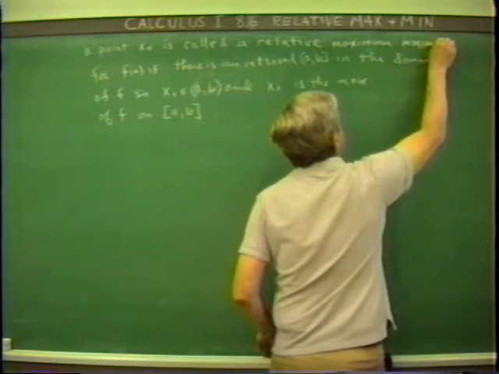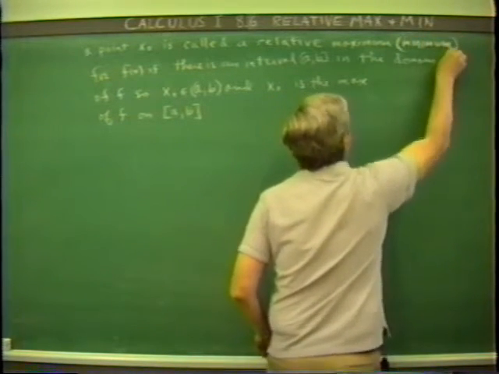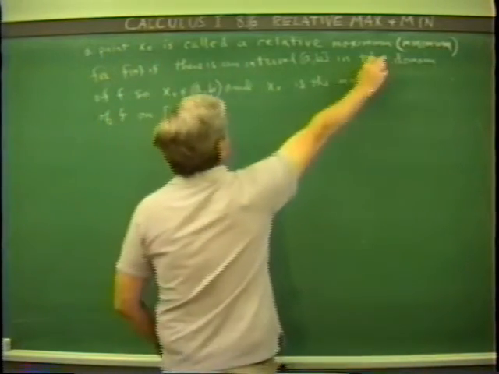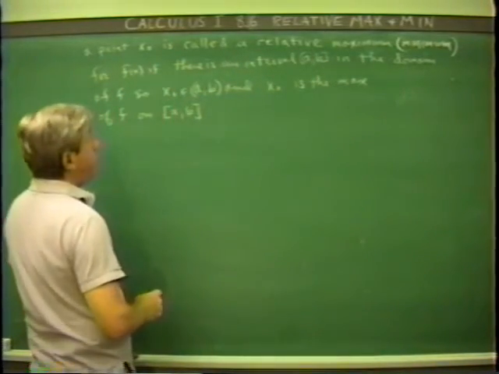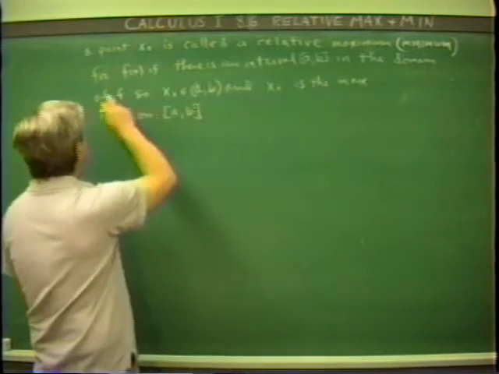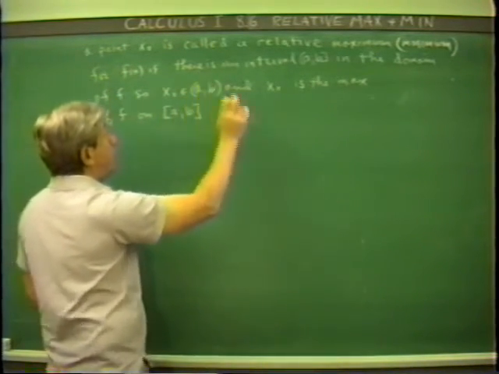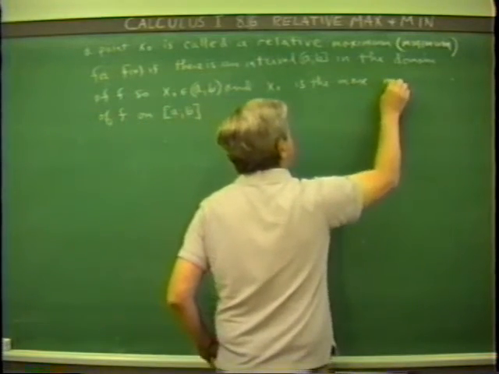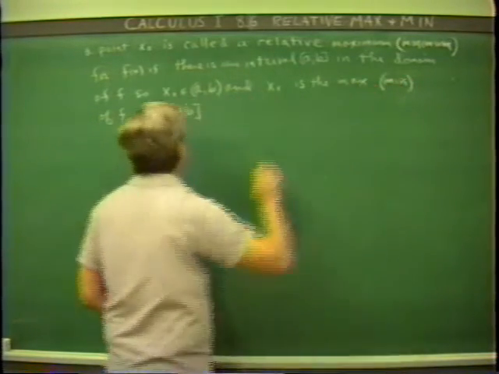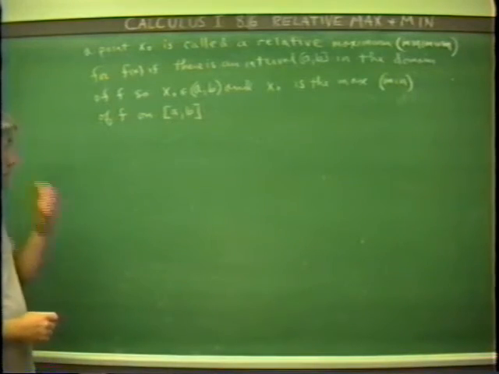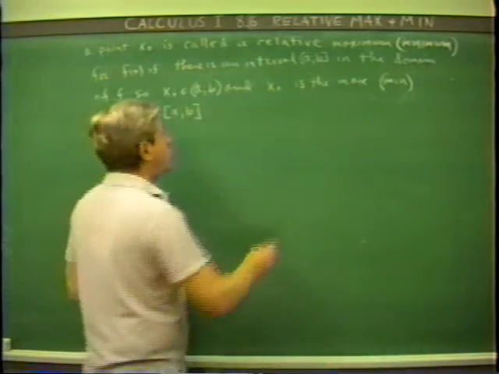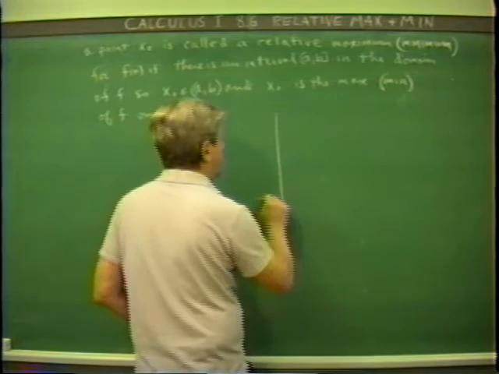Similar thing here is for the minimum. That's to say, a point x naught is called a relative minimum for f of x naught if there's an interval AB in the domain of f, so that x naught is in the open interval AB, and x naught is the minimum instead of maximum of f on the interval AB.